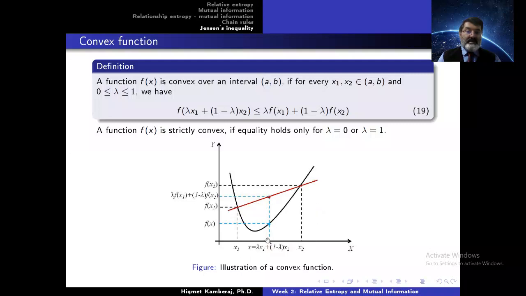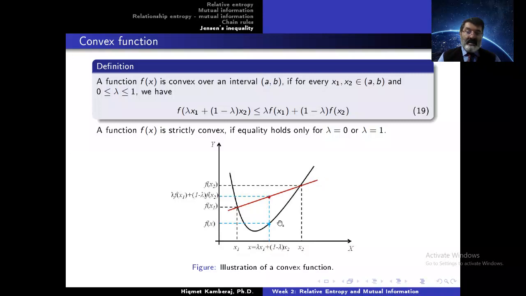Then we pick a point along the x-axis, x, which is equal to lambda x1 plus 1 minus lambda x2. Then we map this point along the y-axis once according to the f of x function, the black line, and the other time according to the red line.